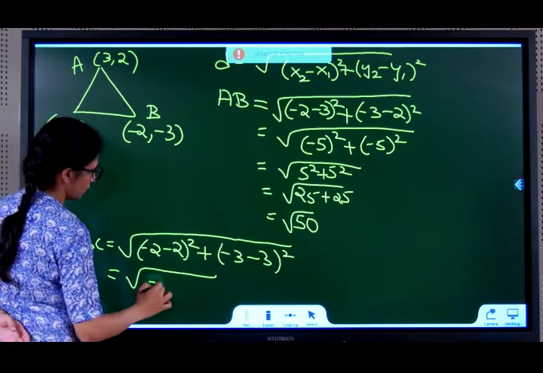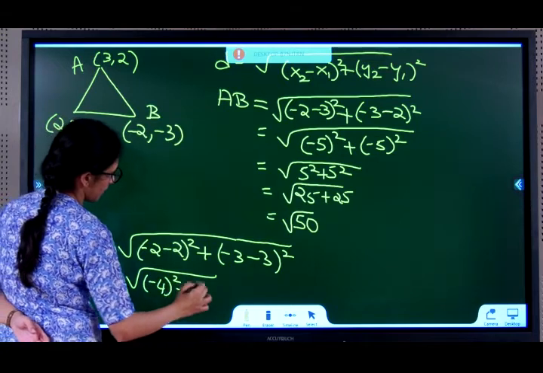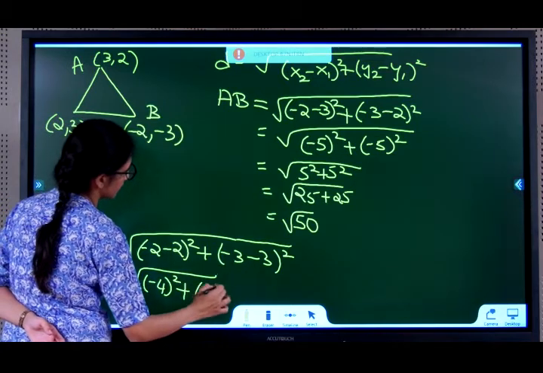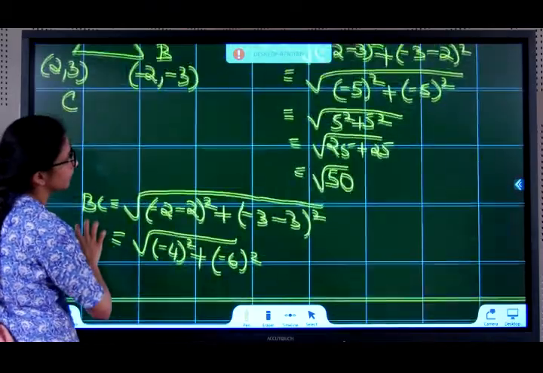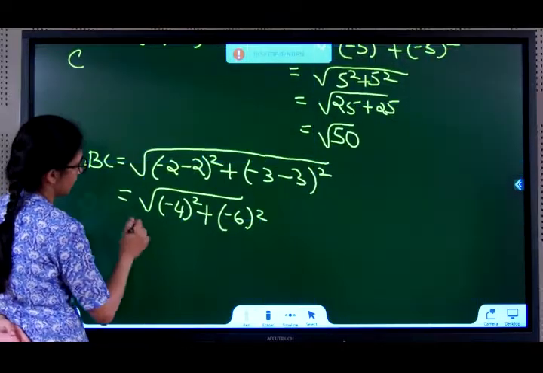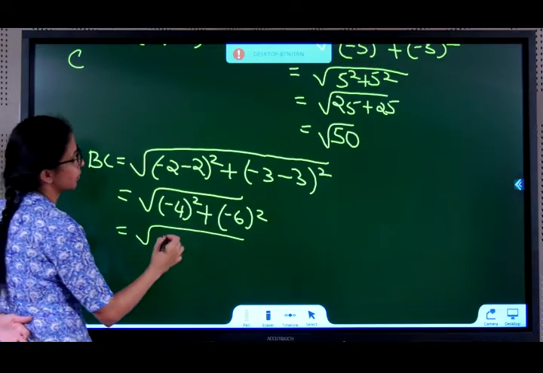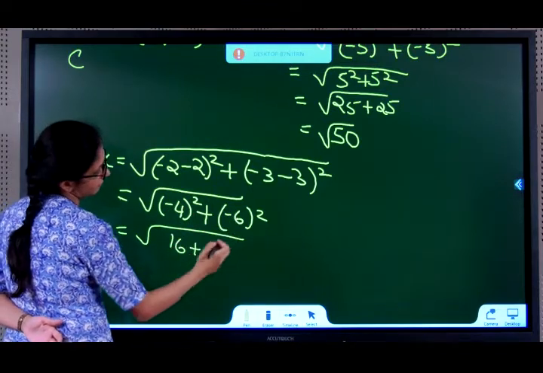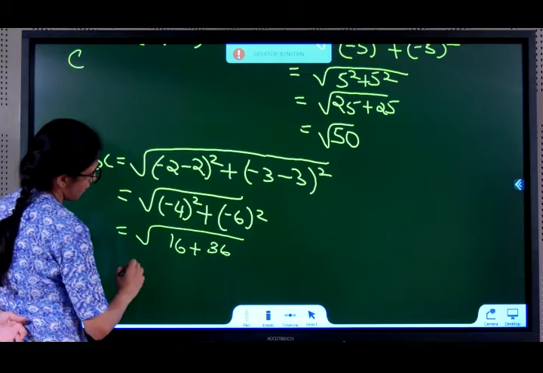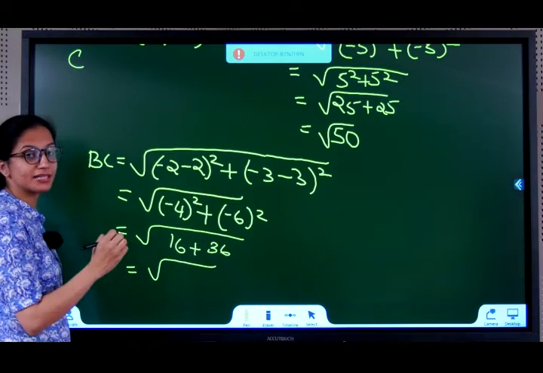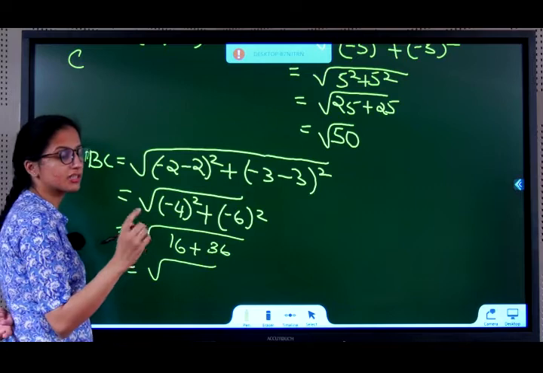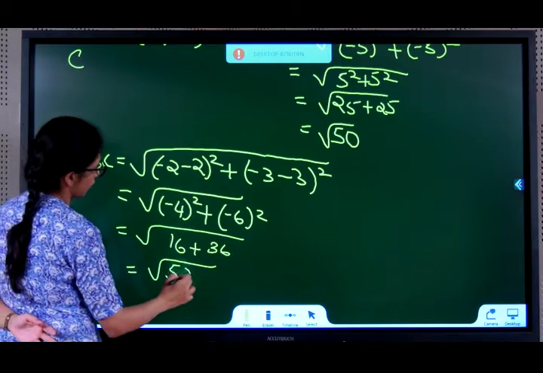Minus 2 minus 4 the whole square plus minus 3 minus 6 the whole square. Root of minus 4 the whole square, 16, plus minus 9 the whole square, 81. Wait, as said: 4 square 16, 6 square 36, 36 plus 16, 52, root 52.